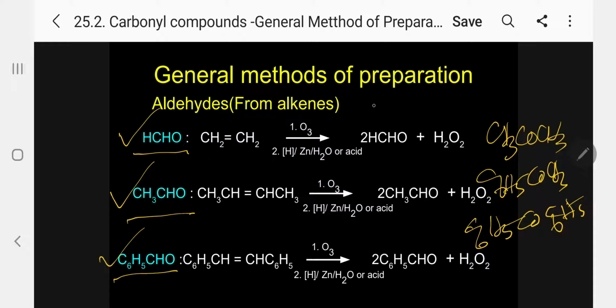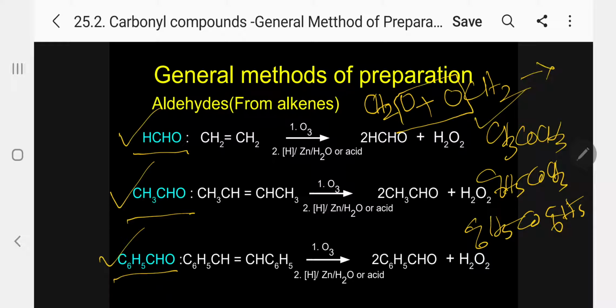For example, formaldehyde I can write as CH2O, and in the same way another CH2O. See here, these are 2 molecules. If you remove these 2 oxygens, you can add a double bond between them, that is ethylene. That means formaldehyde can be prepared from ethylene by ozonolysis.